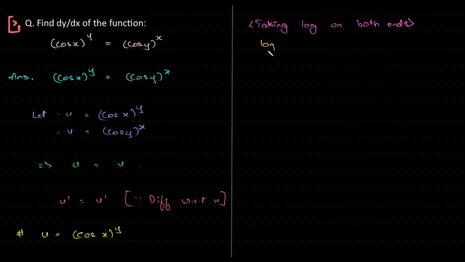So we have log of u is equal to y times log of cos of x. Now, differentiating both with respect to x.